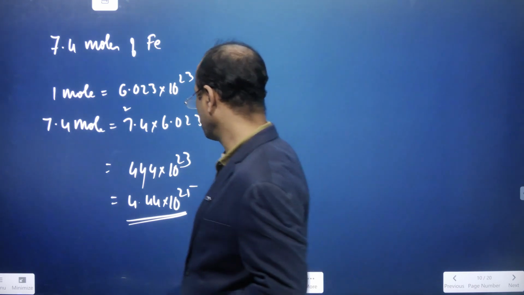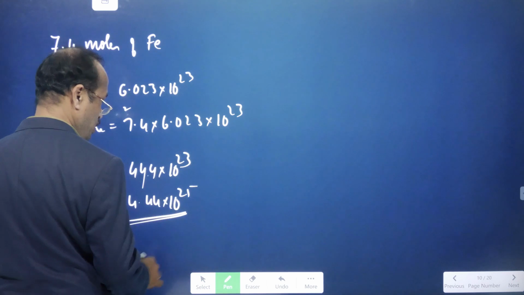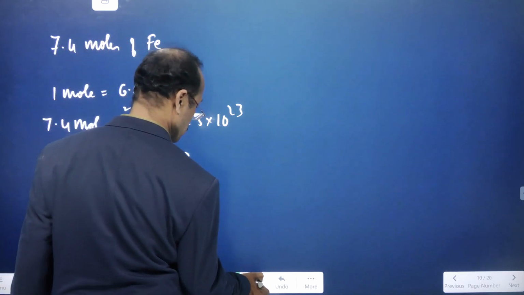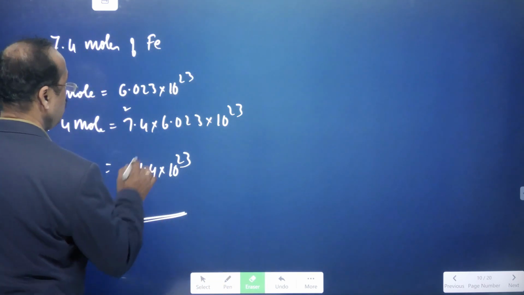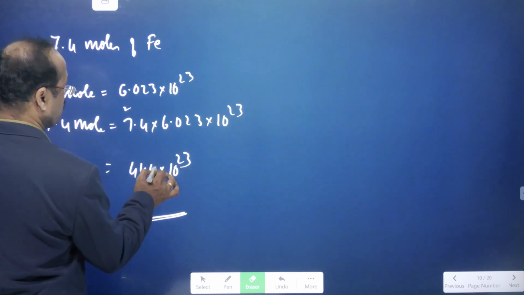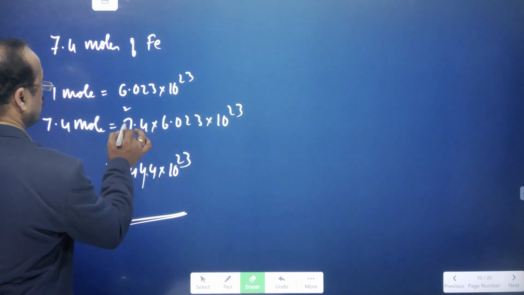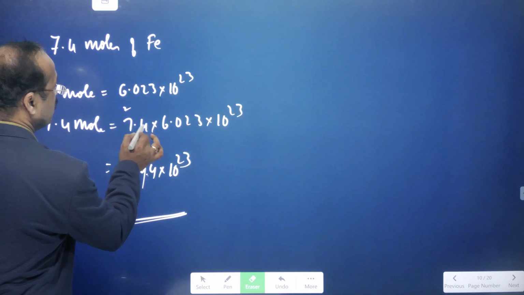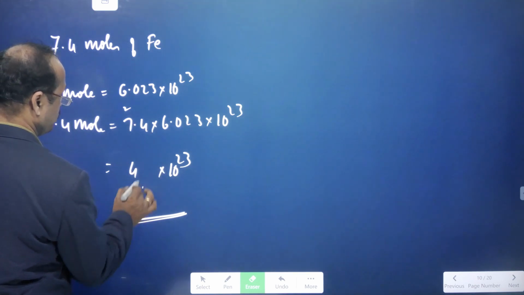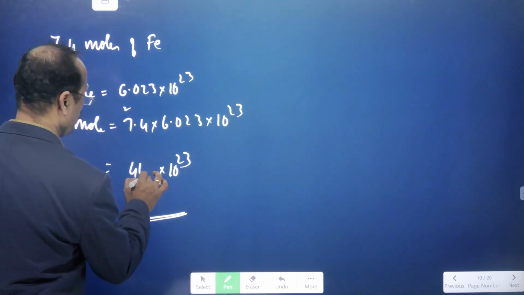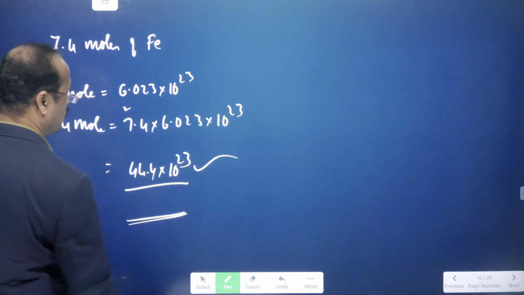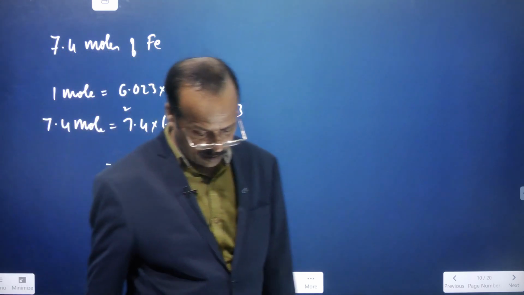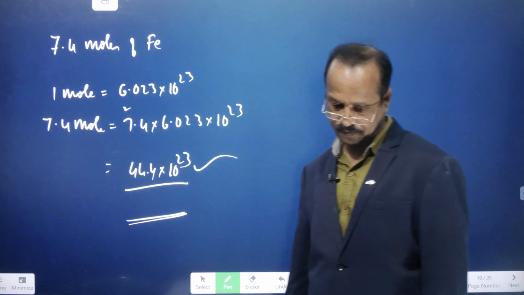Here you have to keep the point. So 6 4s are 24, 2 6 7s are 42 plus 2, 44, and a point after 1 digit, so you have to keep 44.4. So this is the answer, 44.4 into 10 to the power of 23. So the first option is the right answer.